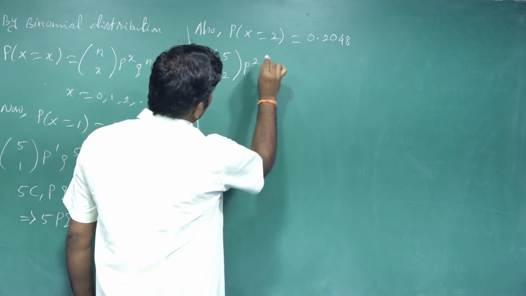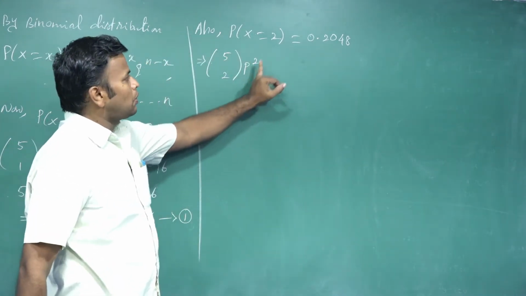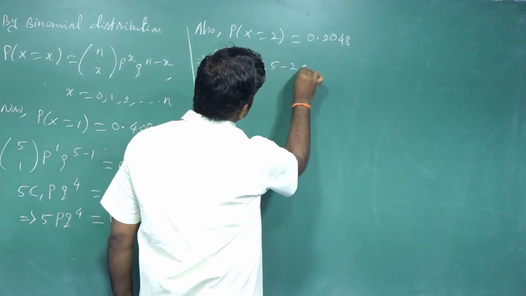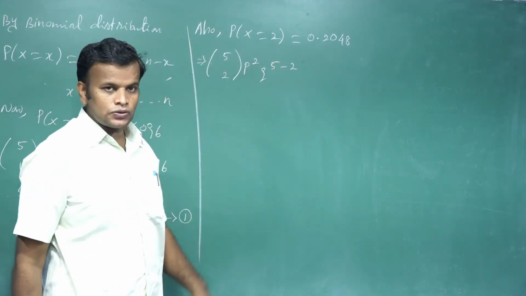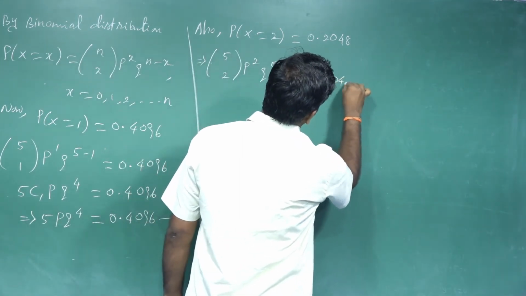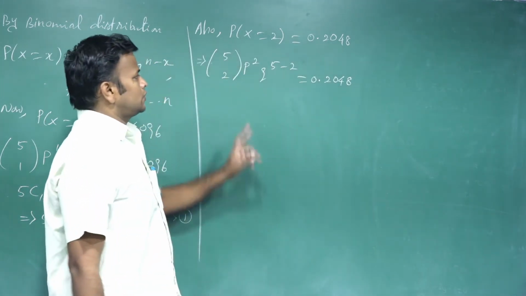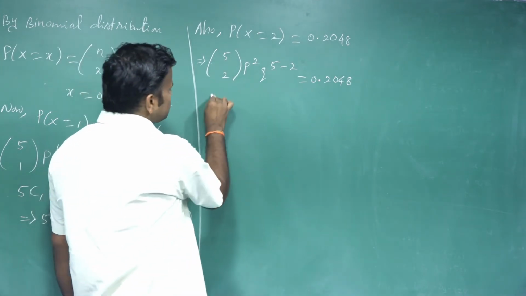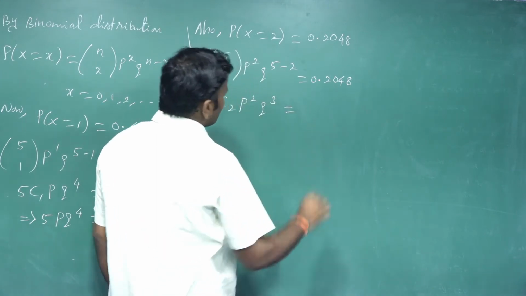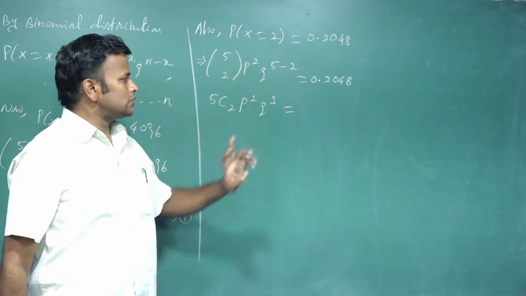P power x, x value is 2, and Q power n minus x, n value is 5 minus 2. That value is 0.2048. The value of 5C2, P square and Q power 5 minus 2 is 3.